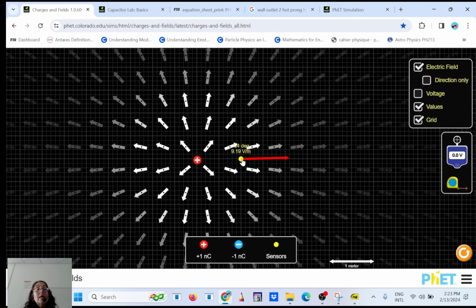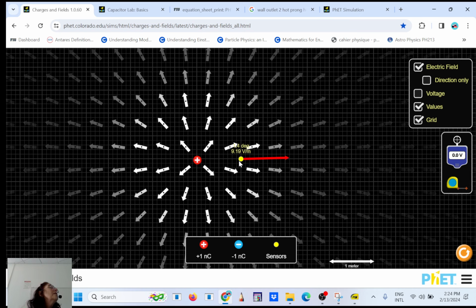Very good. Likewise, this is Coulomb's law, right? They repel each other. So this is 1 coulomb. It's acted upon by the Coulomb force. So if you multiply the distance by 2, the force, which is the electric field, should be divided by 4. Let's find out. So 9 divided by 4, how much is it? 2 point something?